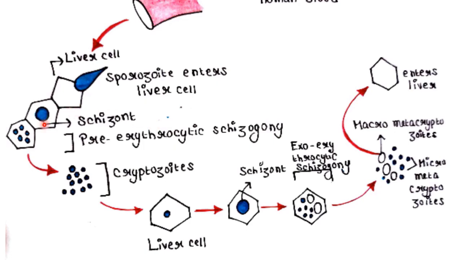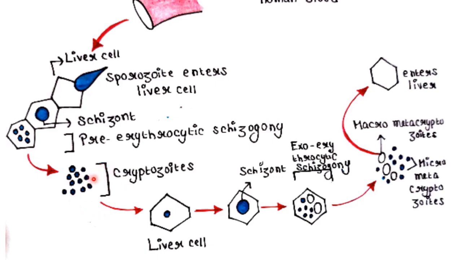Now, one schizont forms multiple such cells inside the liver cell. These cells are called cryptozoites. When many such cryptozoites are formed inside a liver cell, the liver cell bursts due to the pressure and these cryptozoites get liberated from the liver cell.